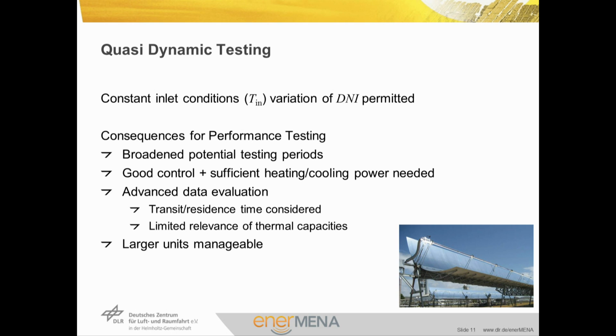Good control and sufficient heating and cooling power, however, are still needed to remove the heat collected and to maintain constant inlet conditions in spite of fluctuations of irradiance. Besides, advanced methods of data evaluation are required for quasi-dynamic testing, as the HTF transit times and thermal capacities have to be considered to some extent. With the help of these methods, testing of larger units is manageable in quasi-dynamic testing mode.